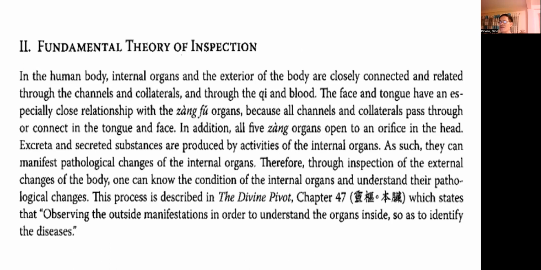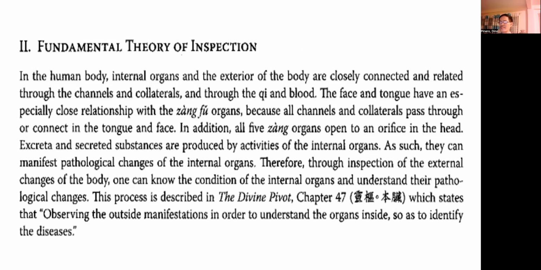In addition, all 5 zang organs open to an orifice in the head. Excreta and secreted substances are produced by activities of the internal organs. As such, they can manifest pathological changes of the internal organs. Therefore, through inspection of the external changes of the body, one can know the condition of the internal organs and understand their pathological changes.